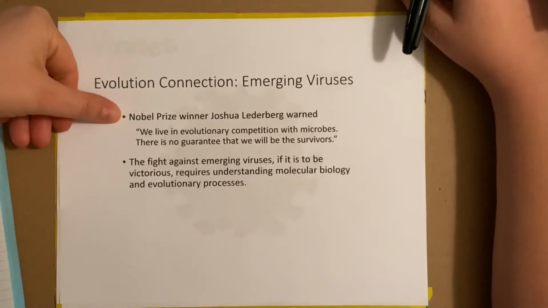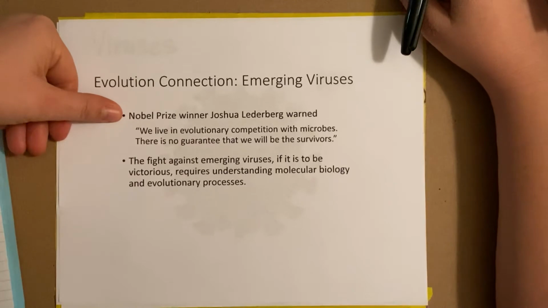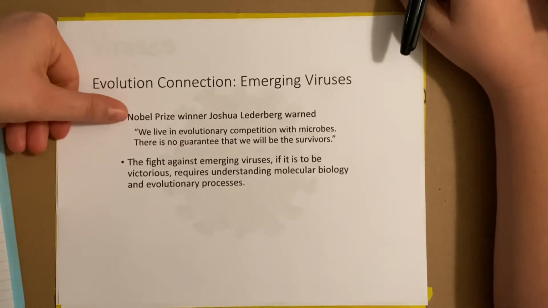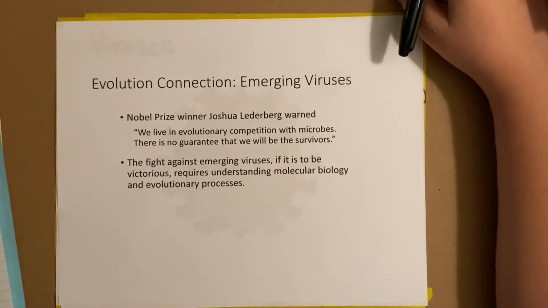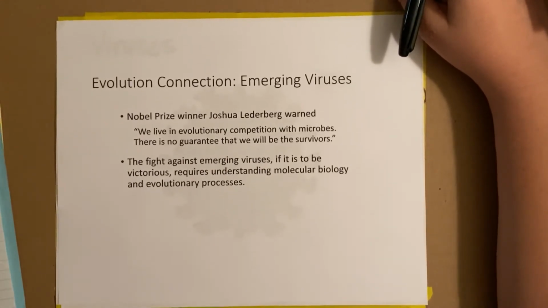And this Nobel Prize winner, who actually died in 2008, said this when he won the Nobel Prize: "We live in an evolutionary competition with microbes. There is no guarantee that we will be the survivors." So we are constantly battling viruses and other microorganisms, because both the viruses and microorganisms can evolve, and so can we. It is this constant back and forth.